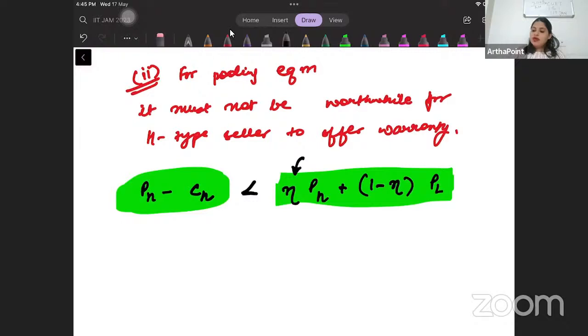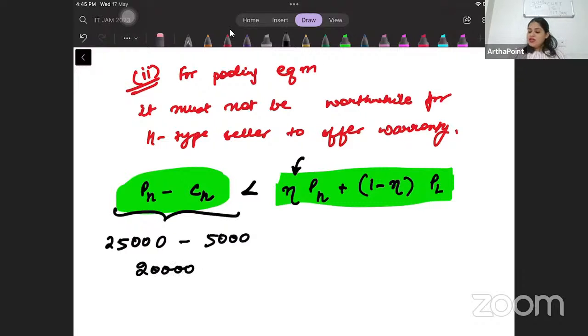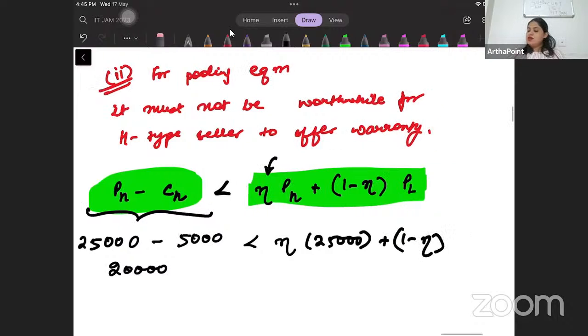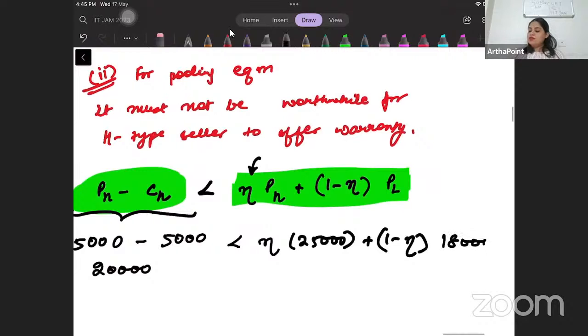So the answer to this is, just solve this, bacha. So you just go ahead and say that PH is 25,000. Cost of providing warranty is 5,000. तो जो मेरी left hand side है, that is 20,000. This has to be less than PH is 25,000 plus 1 minus this, PL is 18,000. No?